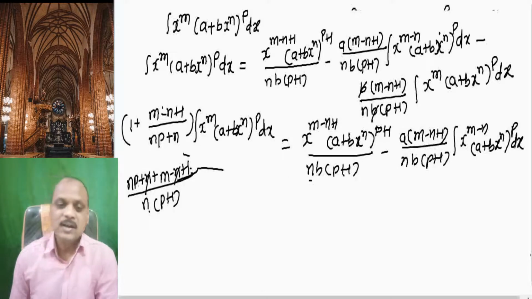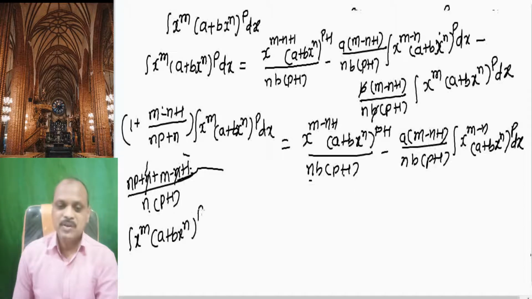Now this term, np plus m plus 1, is in multiplication, so transfer it to the right side, and it will come in the denominator. Therefore we have here the integration of x raised to m into (a plus b x raised to n) whole raised to p into dx.